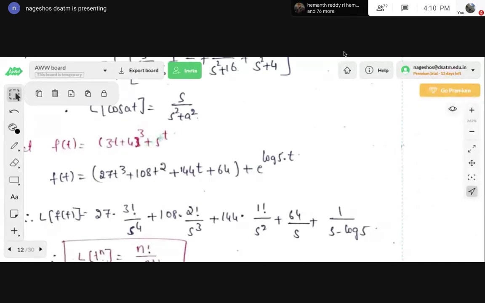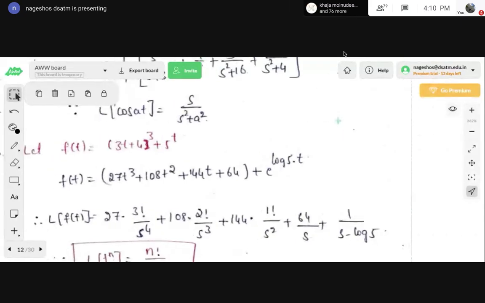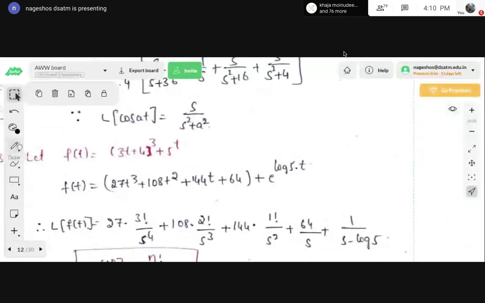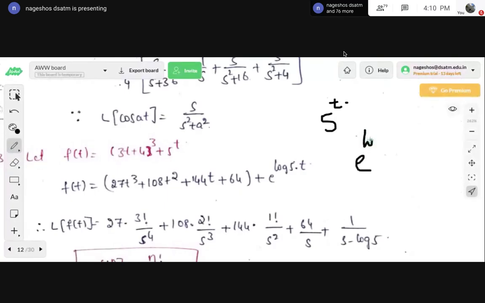Then for 5 power t, you can write this as e power log 5 power t. Why? The e and log will get cancelled, and only 5 power t will be left. Nothing I am changing. Therefore, I can write it like this.